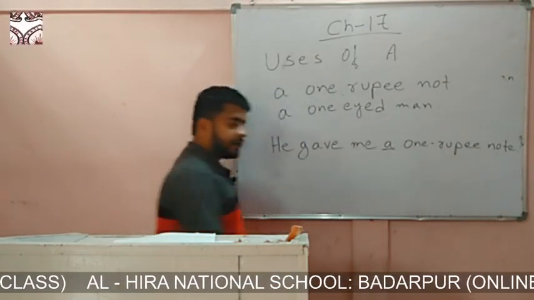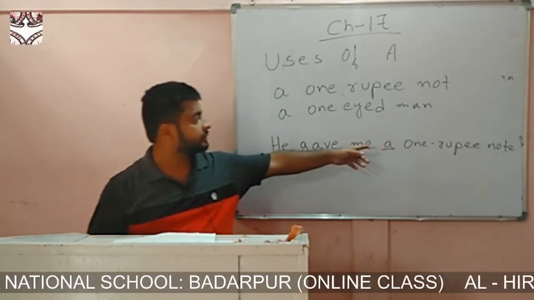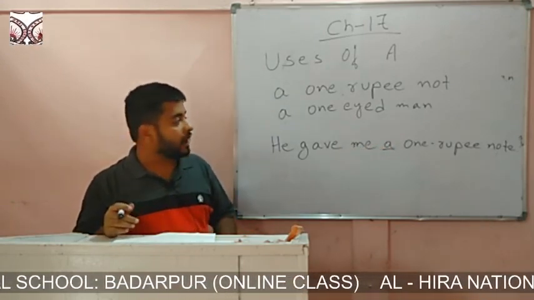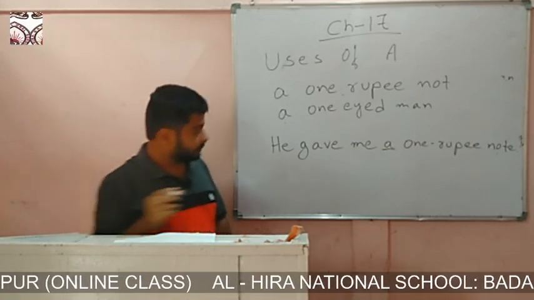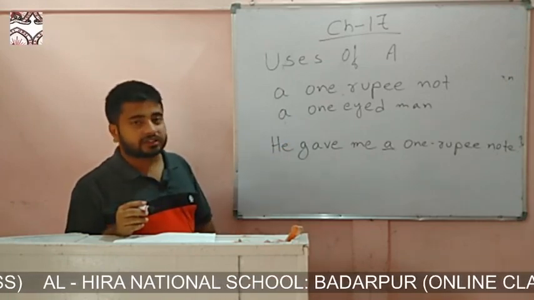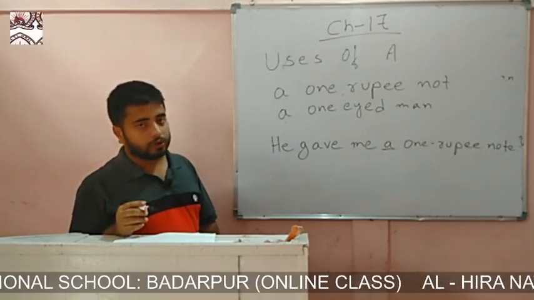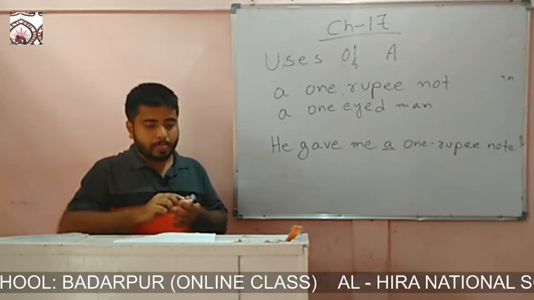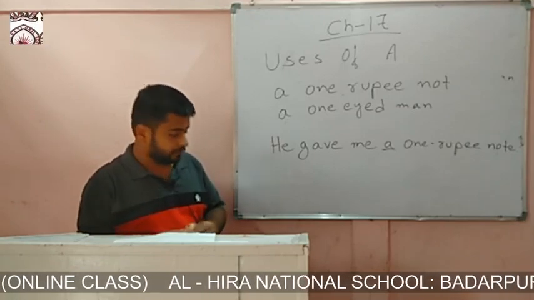I have written a here because the sound is not vowel. The sound is what? Wa. The wa sound is coming when we pronounce it. So I have discussed three cases where we will use a. Now I hope you have understood where to use a.